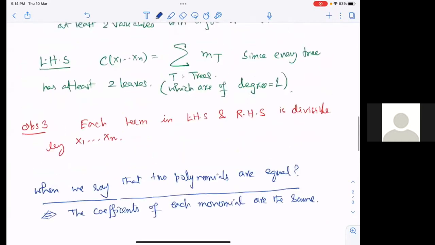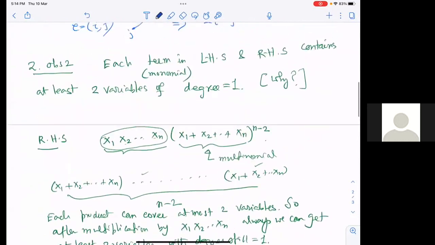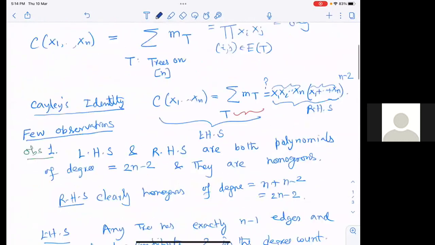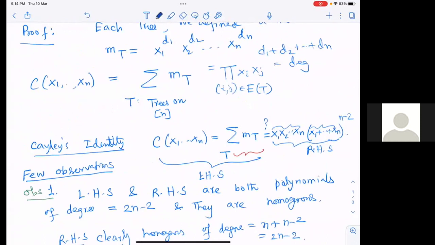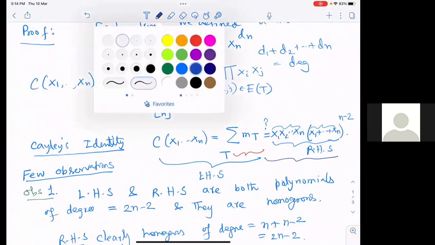That means the task that we have at hand, we really want to prove that all the monomials in these two polynomials have the same coefficient, right? Okay. So let's see how we prove that.